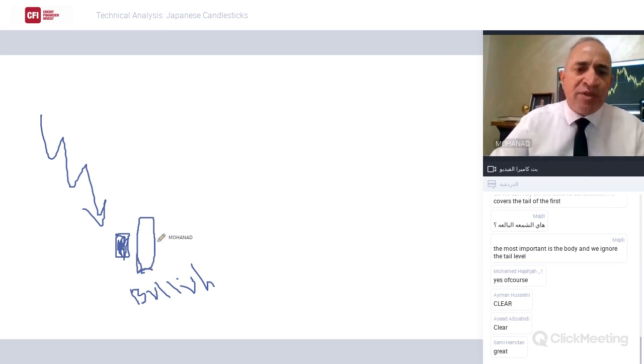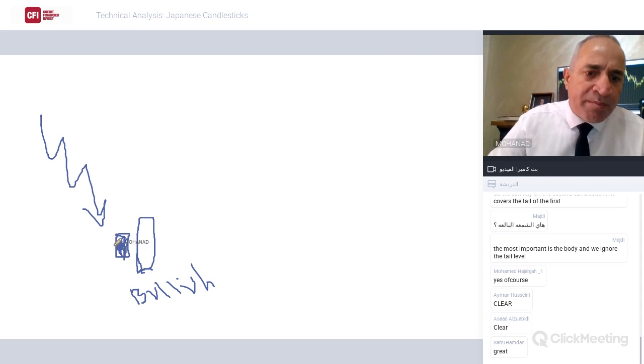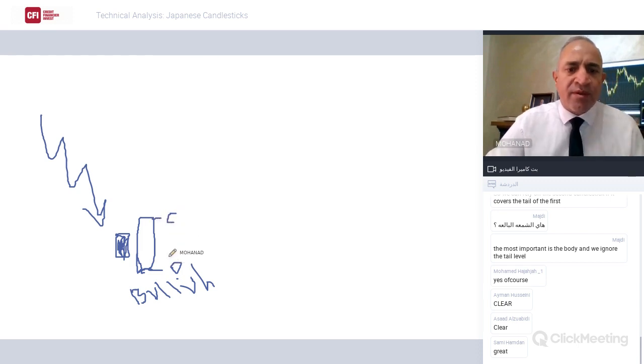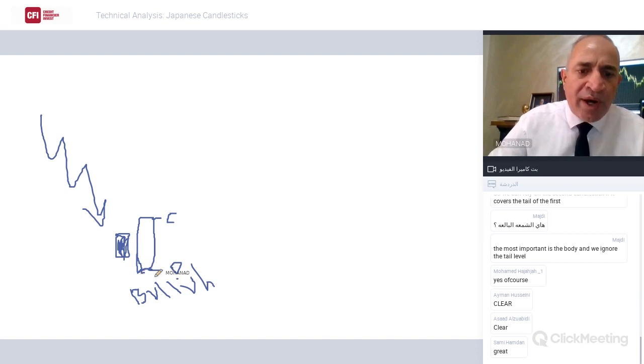As we see from the chart, the white candlestick has a higher and lower open and close price compared with the black candlestick. It has a new lower and a new higher price compared with the black candlestick.